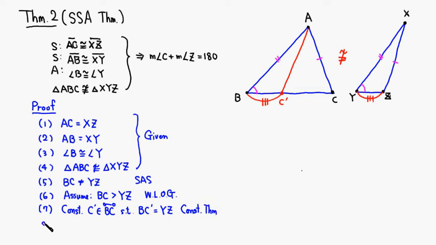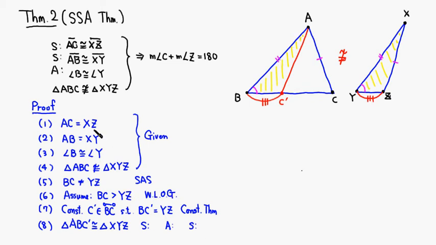And then, if you look at this triangle here, ABC prime and XYZ are congruent. So triangle ABC prime is congruent to triangle XYZ, and this is by side angle side.